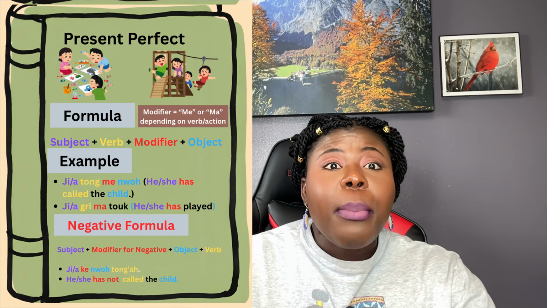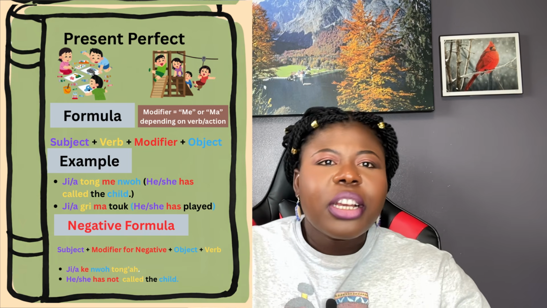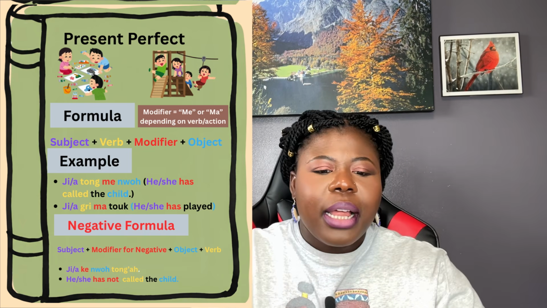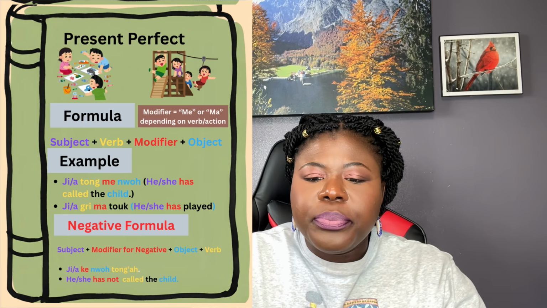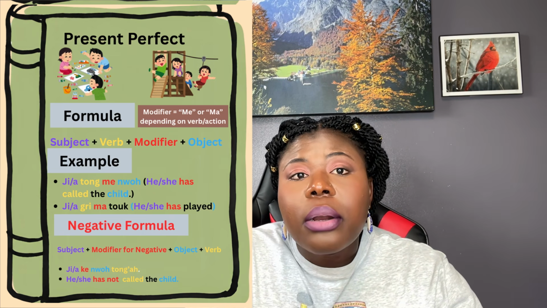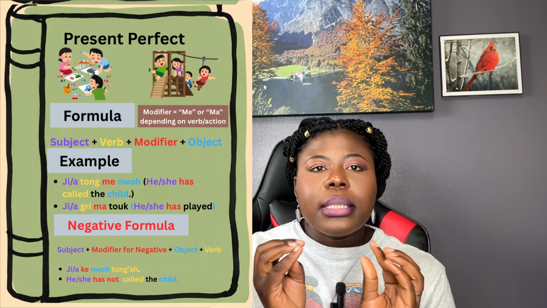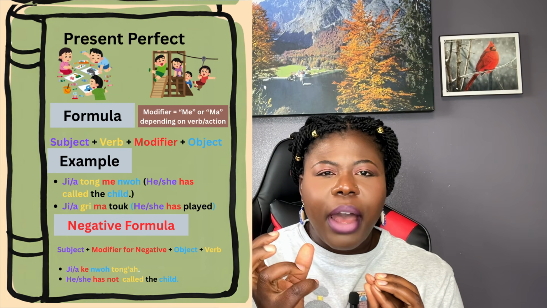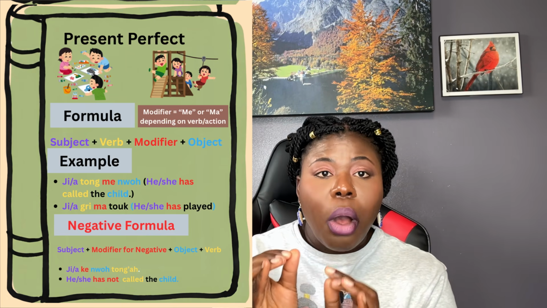Okay, now let's talk about present perfect. So this is past actions connected to the present, right? Things that are happening now. And so we can say, he has called a child. Atong me is the modifier that we add to it. So a or ju tong.